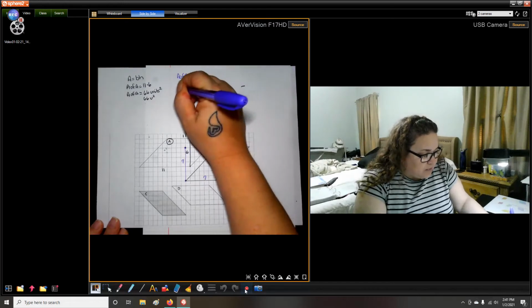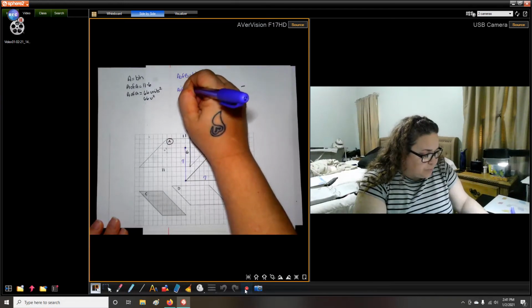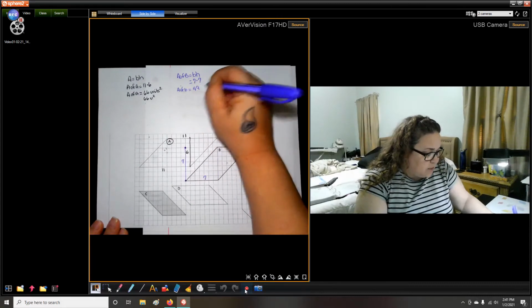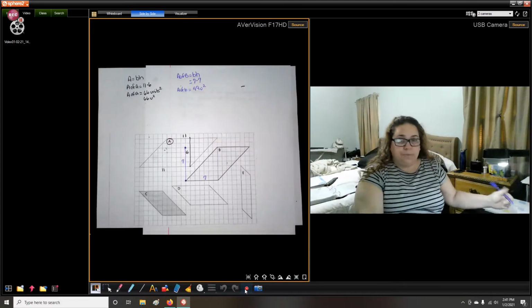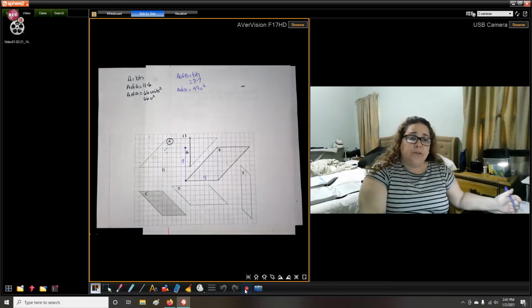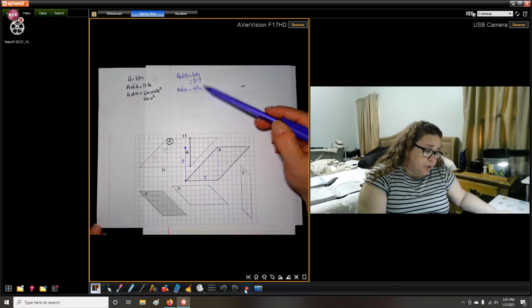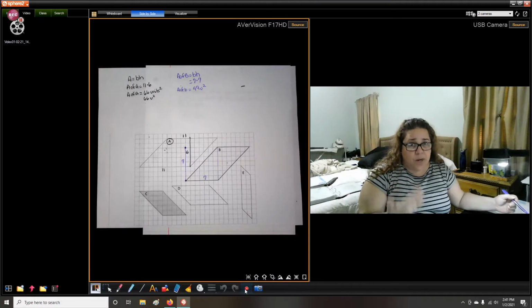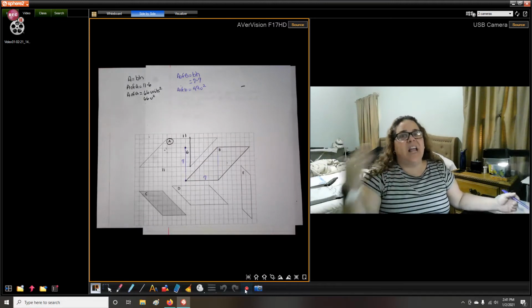So that means area of B equals 49 units squared. Okay? Now when you're doing this by hand, you need to make sure that you're putting your square part. You can't just say 49. You have to say that it's square because that's what tells me it is area.